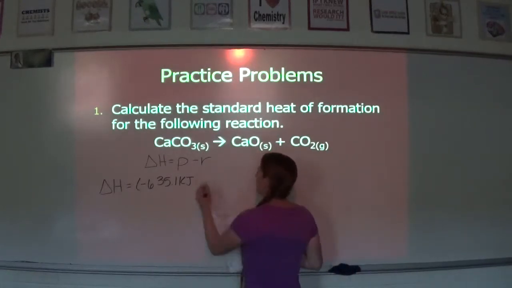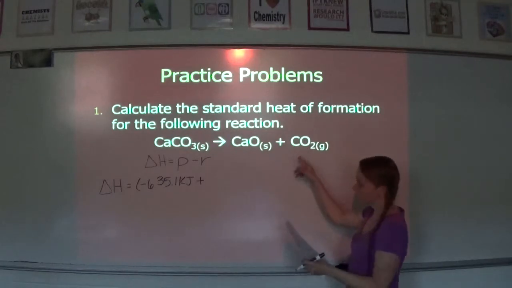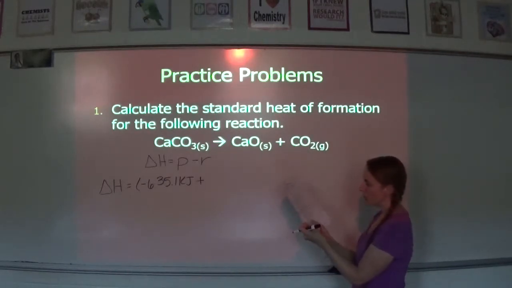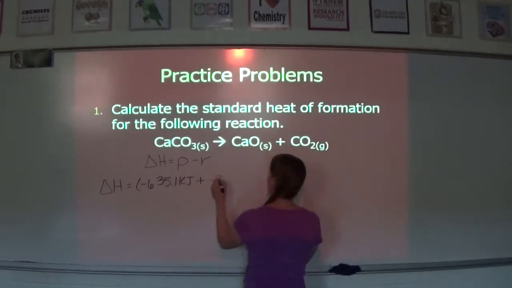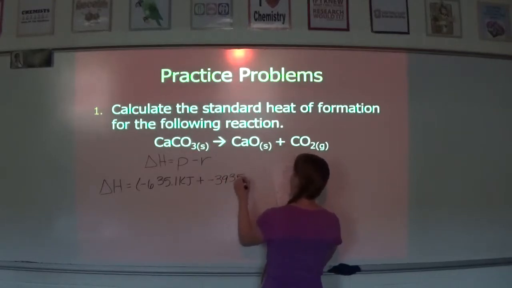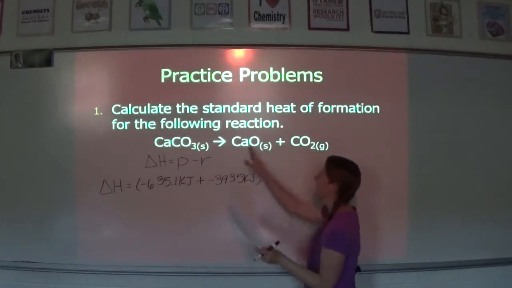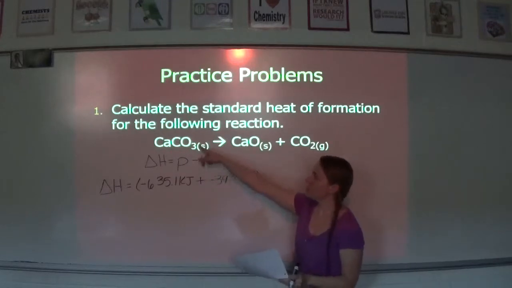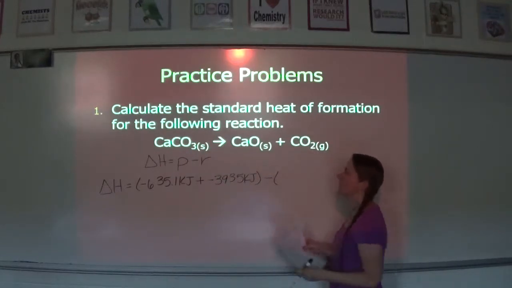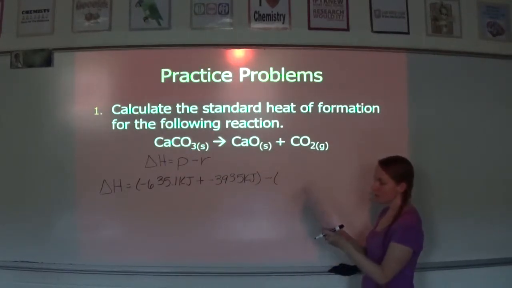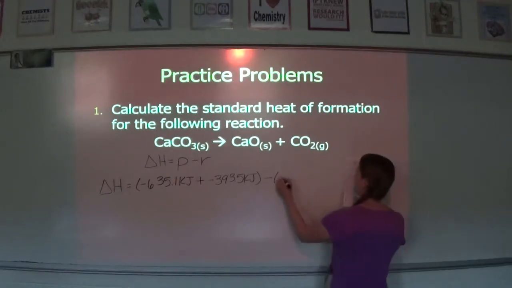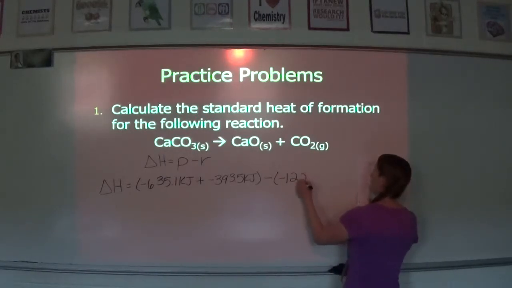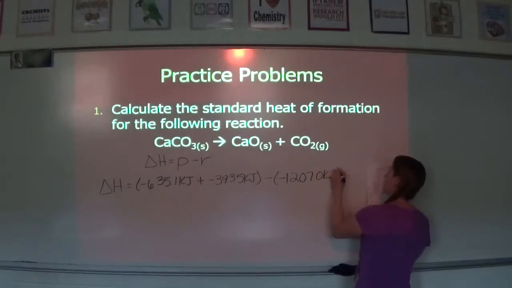Alright, so then I'm going to add my CO2 gas. So I look on my charts page, I find CO2 gas, and it's negative 393.5 kilojoules. So there's my products. So now I'm going to subtract my reactants. So my reactant is CaCO3 solid, so I find that on my thermochemistry charts page, negative 1,207.0 kilojoules.